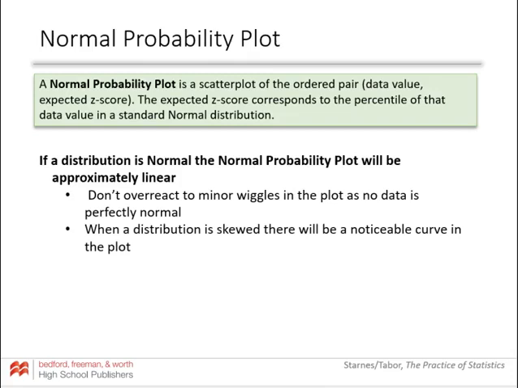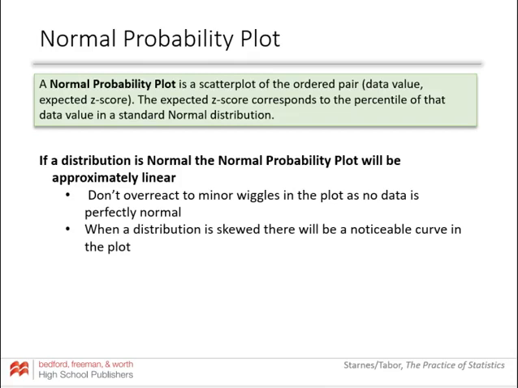The other thing we can look at is something called a normal probability plot. It's a scatter plot that can be made in your calculator, and it has the data value and its expected z-score. So if we use the percentile and we assume that the distribution is normal, we would look at what that z-score would be and then compare it to the actual data point.